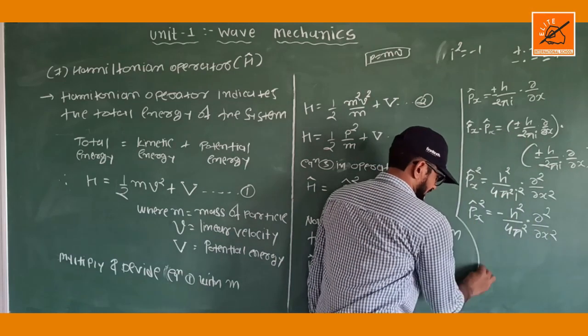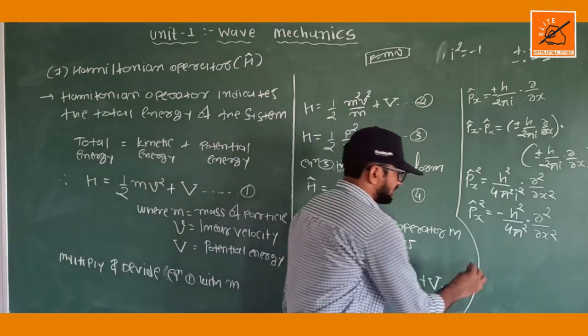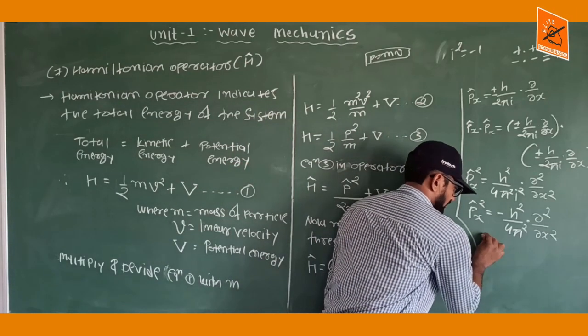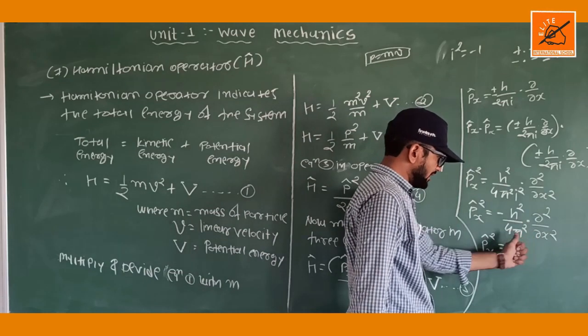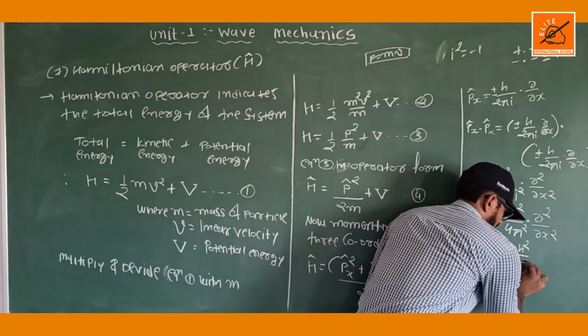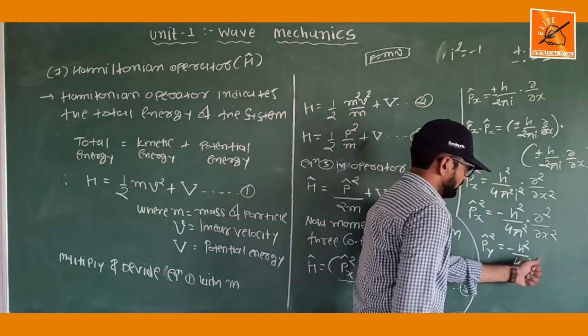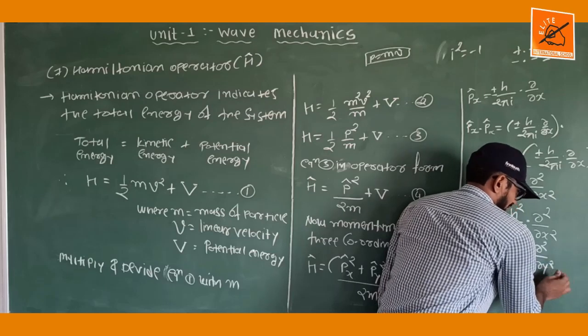Okay. Now similarly, py square is equal to minus h square upon 4 pi square into del square upon del y square.